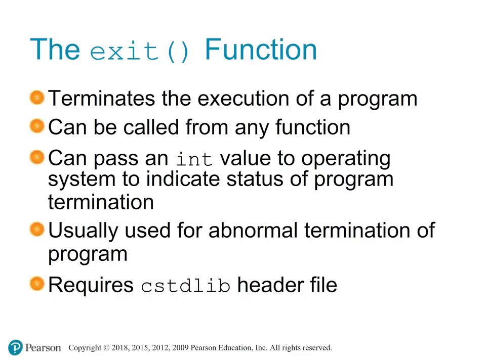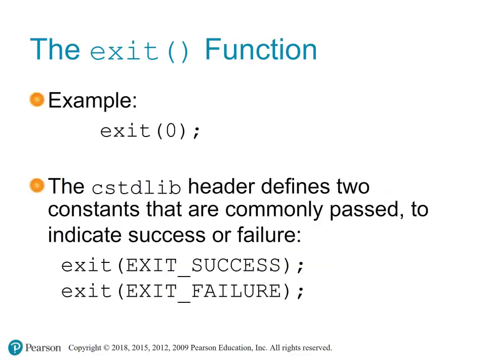To use the exit function, you need to include the cstdlib header file. The exit function can be used with predefined constants to indicate the success or failure of a program. So exit 0, this is a simple example where 0 is passed to indicate successful termination.